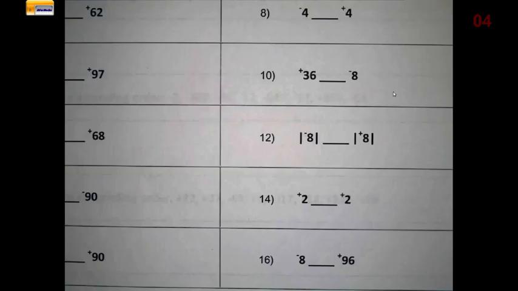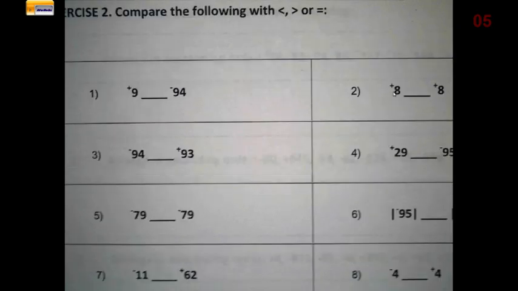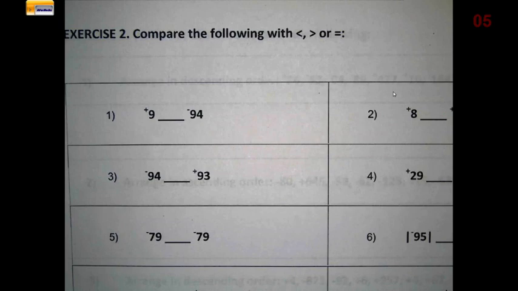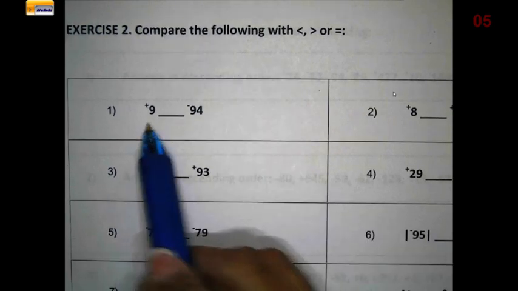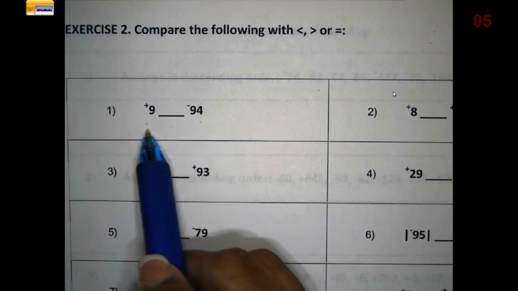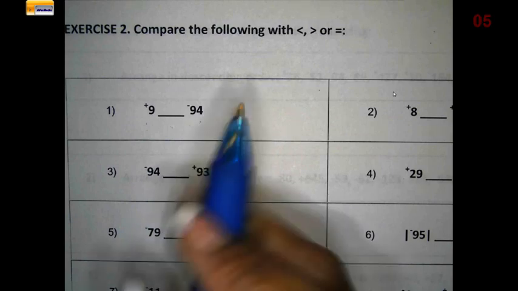Okay. Now on page 5, let's do a couple on here. Page 5, you're going to use less than, greater than, or equal to symbols, the inequality symbols. So if I compare positive 9 to negative 94, what symbol should I use reading from left to right? Greater than.